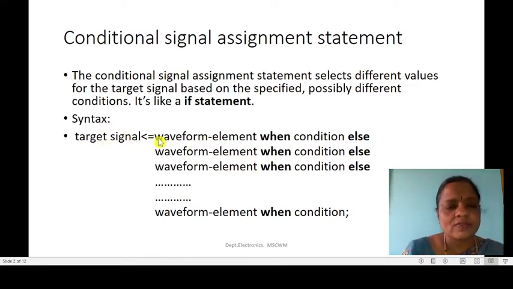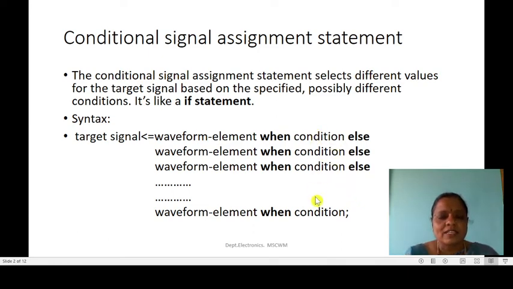Here you see, first it is going to check the first waveform element with its condition. Here you have written else. That means if this condition is false, it is going to check the next condition. Once again, if this is false, then the next one, and if this is false, then the next one. In this way, it checks all the conditions.